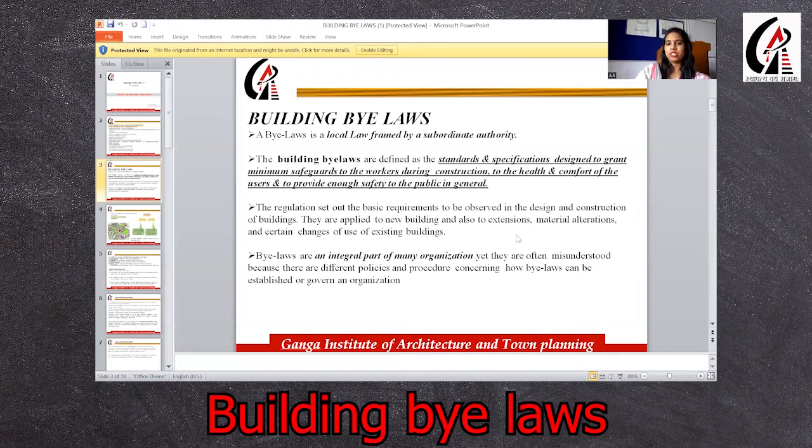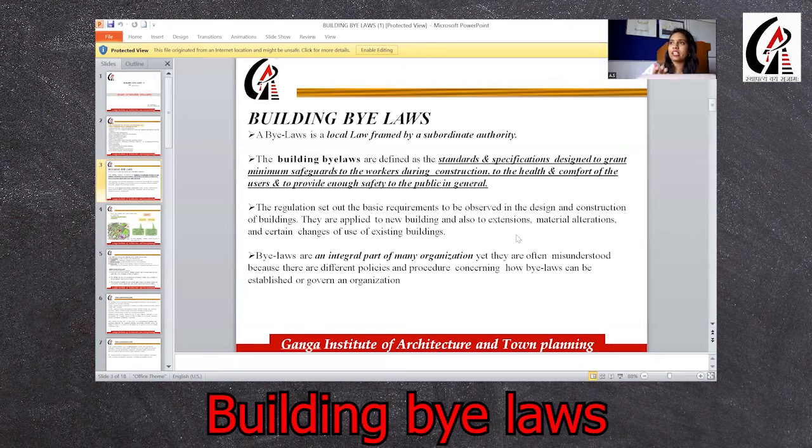Provisions of bylaws usually afford safety against fire, noise, health hazard and structural failure. Basically, we have to apply those standards, or we can say norms, in terms of different chapters like fire, noise, health, hazard, and structural failure.